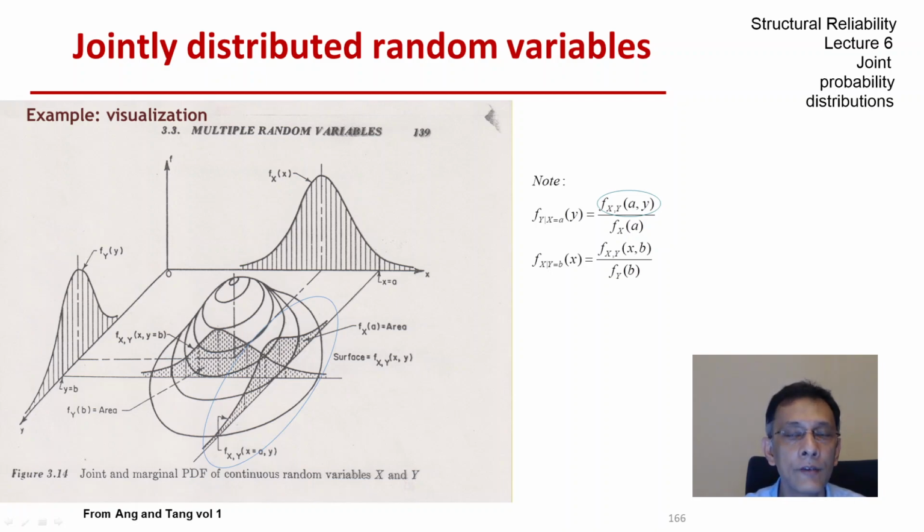And again, if I divide the joint density function f(x, y) at that particular section with the density f(x) at a, I would be getting the conditional density function of y given the fixed value of x at a. So this would be the nice pictorial interpretation of all these concepts we just discussed.